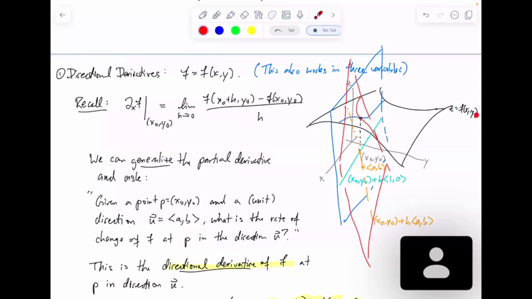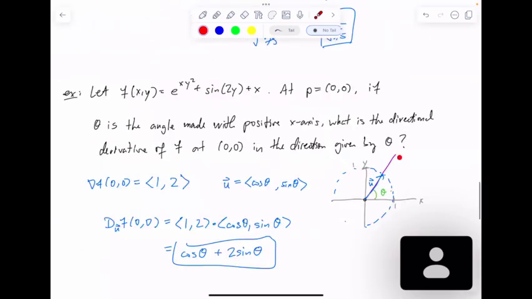Z equals f of x, y is my artificial construction in R3 to picture what f of x, y is. But f of x, y exists independent of being in R3. It's naturally defined in R2, right? And I just drew an extra dimension here to picture it. But there is absolutely nothing in R3 going on in this picture or in this example.